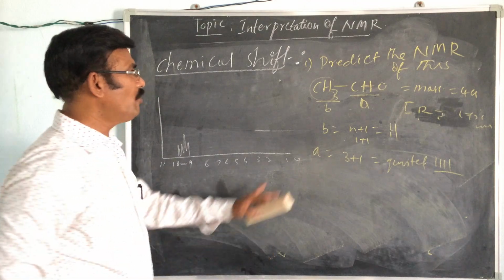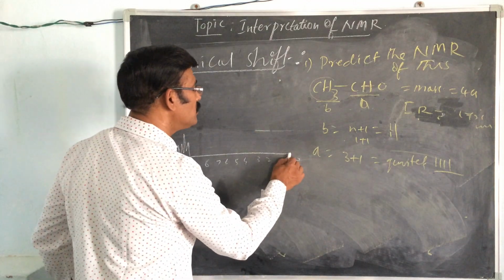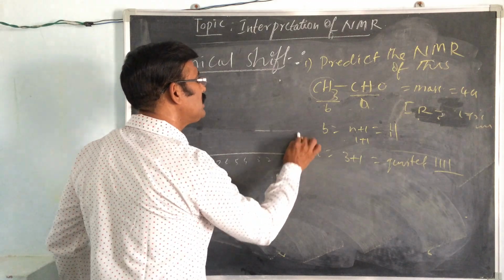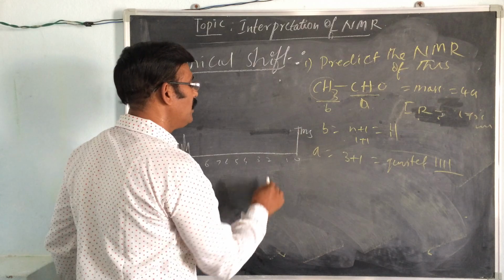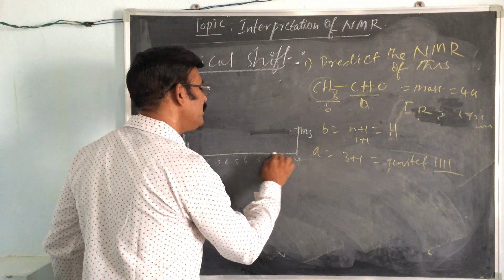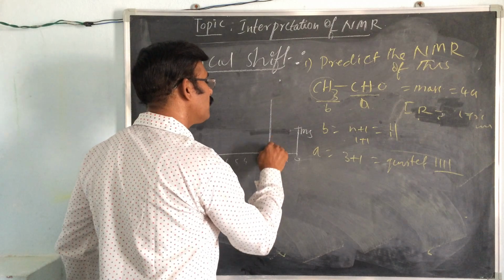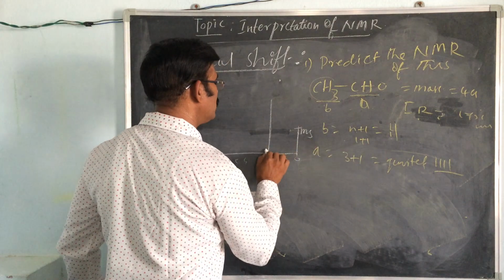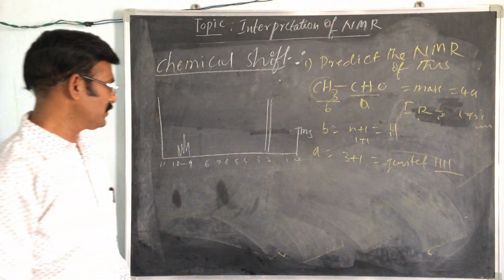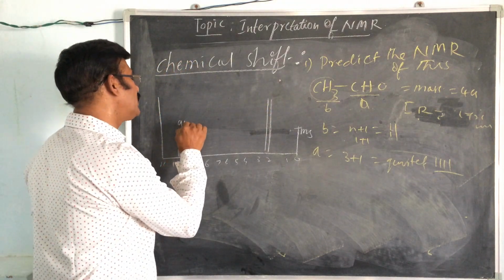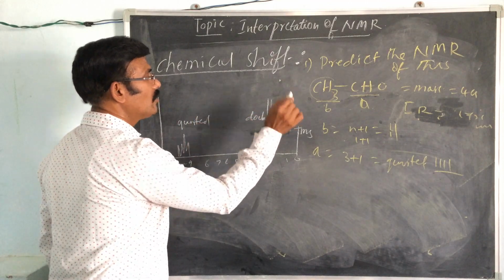And the methyl, which is alkane, is present at 0 to 2. Here is the TMS, the reference compound, tetramethylsilane, at 0. The methyl compound appears on this side, but as a doublet. Like this, the quartet and the doublet.